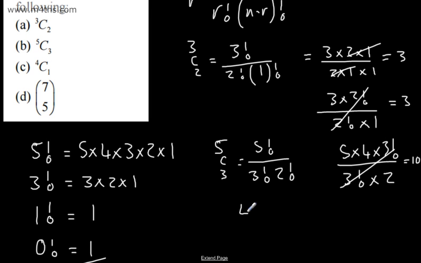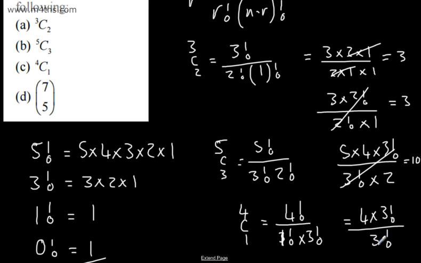Okay, 4C1 should be quite straightforward. It's going to be 4 factorial over 1 factorial and then 3 factorial. I could write this as 4 times 3 factorial over 3 factorial. Those will cancel off. That's going to be 4, and we knew that anyway.